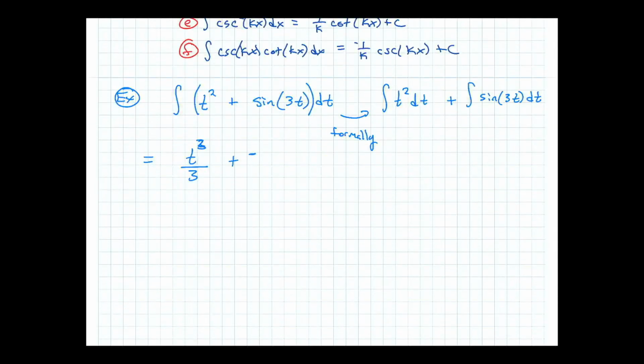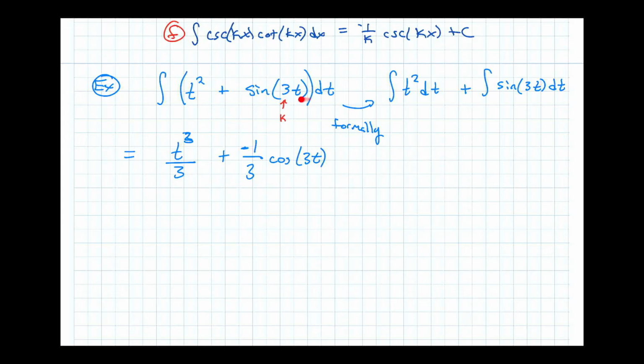So negative 1 over k, the k is 3, there's your k. 1 over 3 cosine 3t. It's a t because that's what our variable is. That's that antiderivative, and then you just put a plus c on the end. So this isn't that bad. It's just antiderivative, antiderivative.